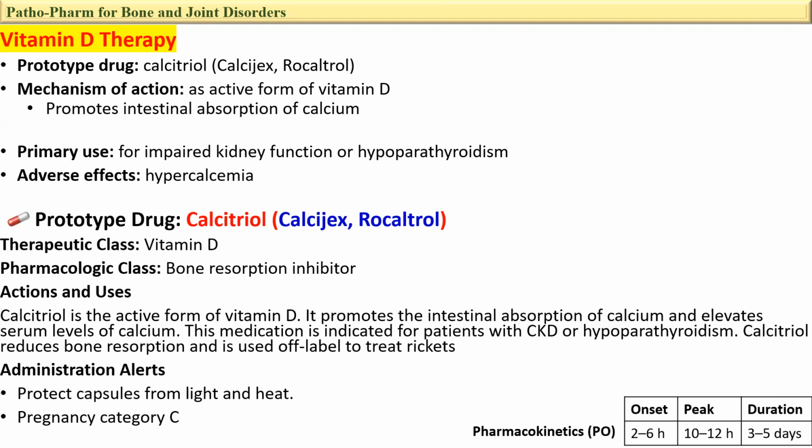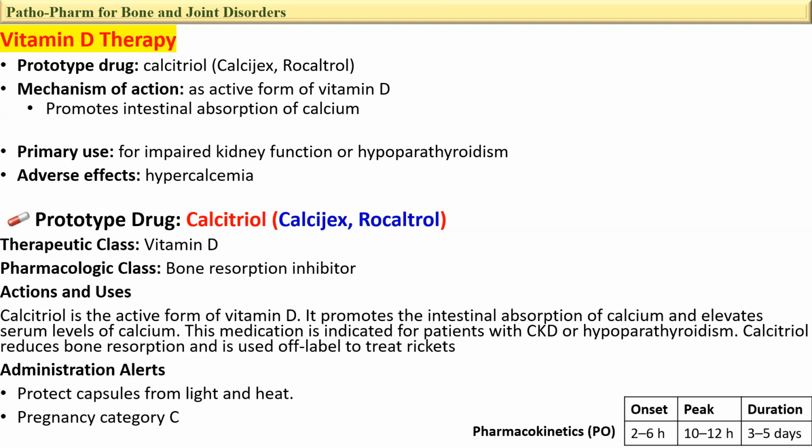Primary use is in patients with hypocalcemia, but the primary use for this one should be impaired kidney function or hypoparathyroidism.